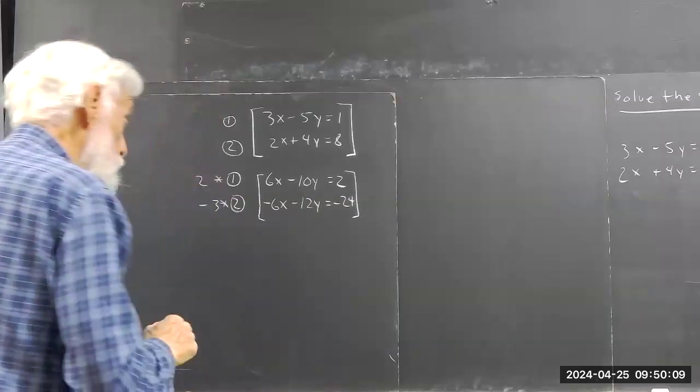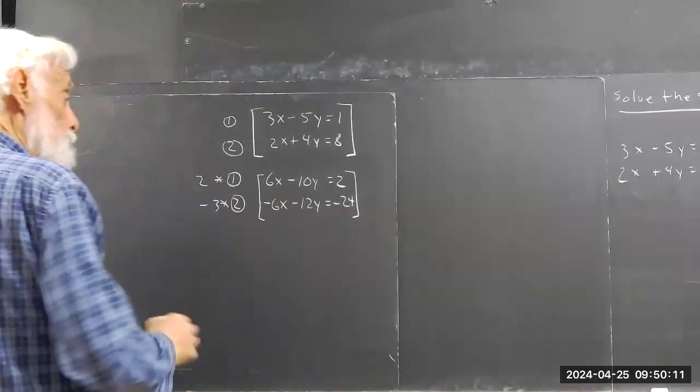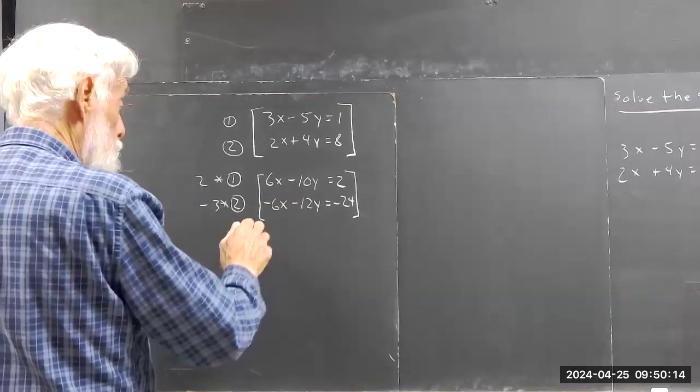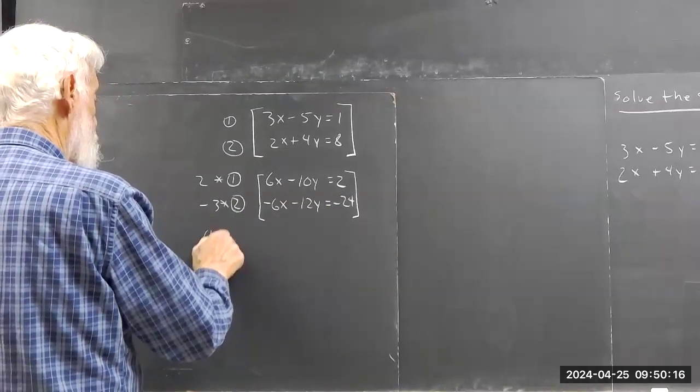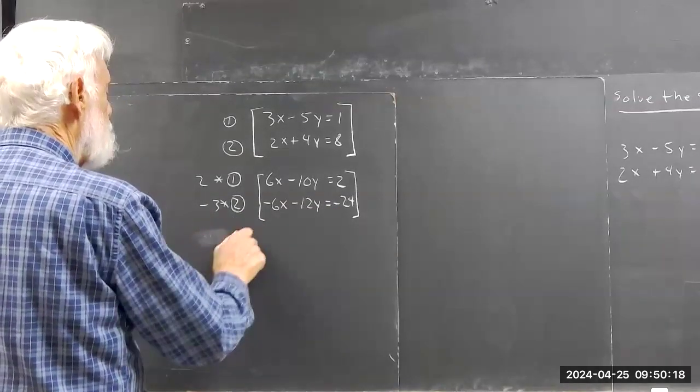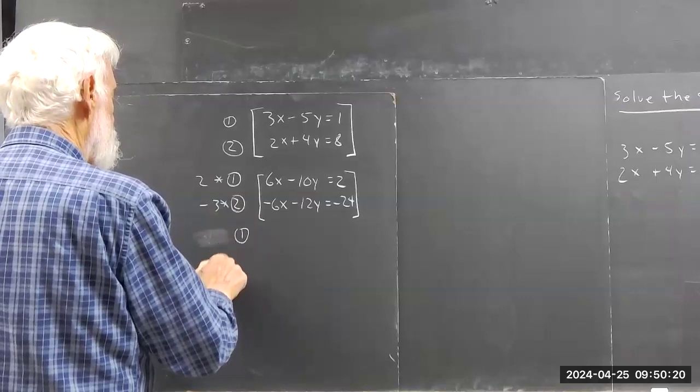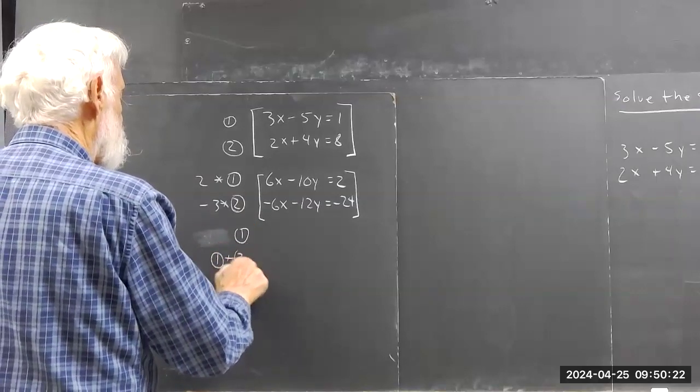Okay, so that's good. Now we go ahead and add row 1. Sorry, we'll copy down row 1 here, and we'll add row 1 and row 2.